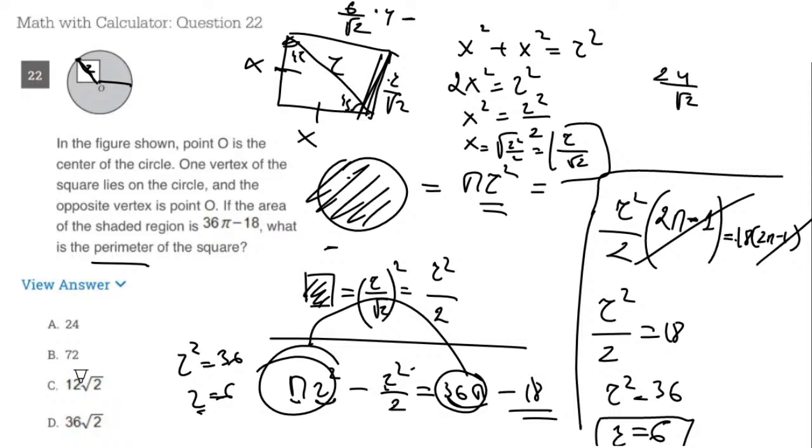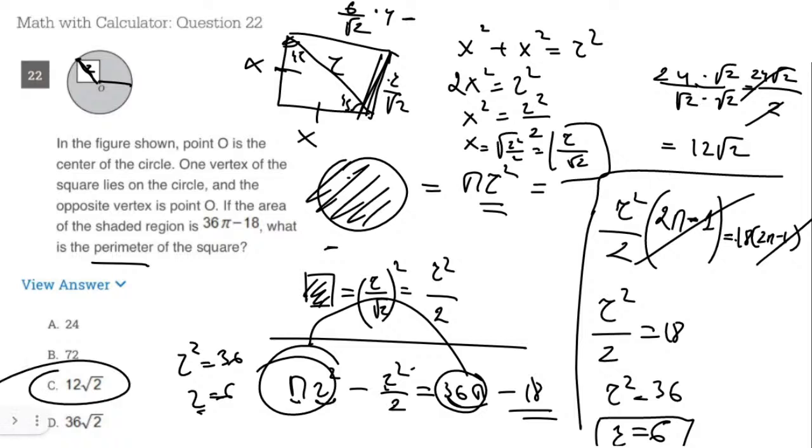I don't have such an answer, but if we get rid of irrationality by multiplying both denominator and numerator by square root of 2, I get 24 square root of 2 divided by 2, and I factor out, I get 12 multiplied by square root of 2. It's C here. So I did this one a little bit fast. You are good.